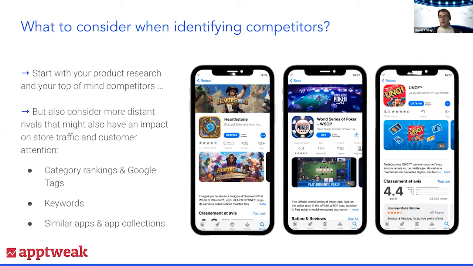And finally, a third way to find out who could be additional competitors is to look at your store product page, and specifically at the similar app section, to see which games are associated to your app. You can also look at app collections. If your game has been featured in one of these collections, you want to know who else was in the collection, because these are games that are going to be fighting for the same kind of customer attention.